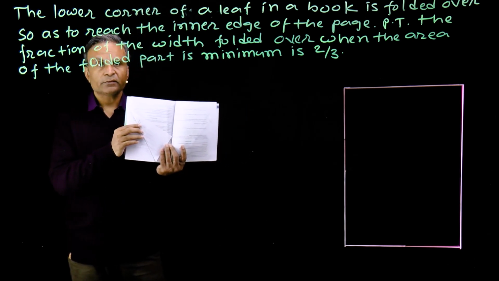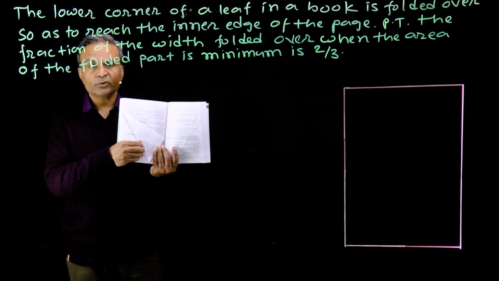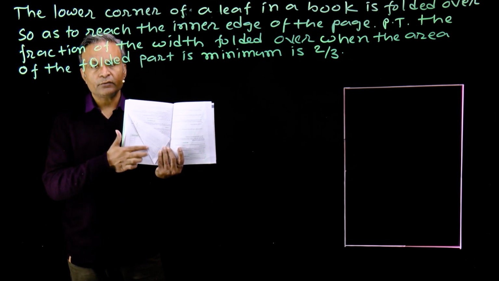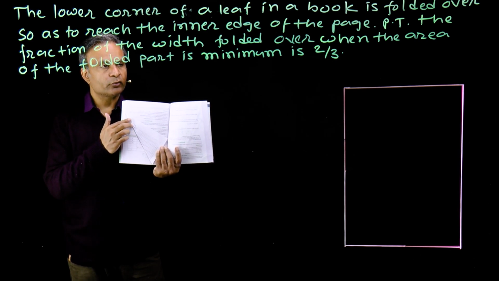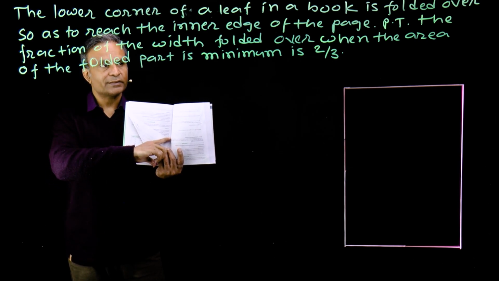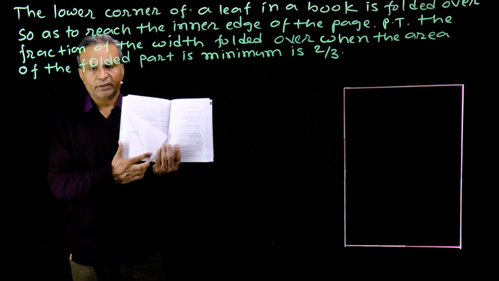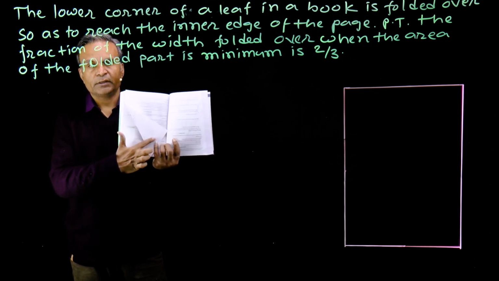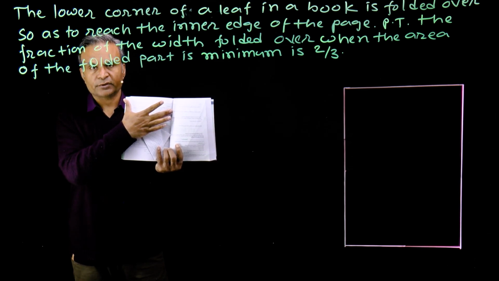We have to prove that the fraction of the width folded over when the area of the folded part is minimum. This is a triangle folded part. When the area of this folded part is minimum, we have to prove that the folded width is 2/3 of the actual width. ये जो folded width है, this folded width is 2/3 of this actual width.